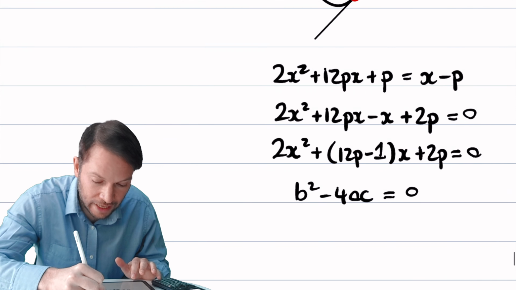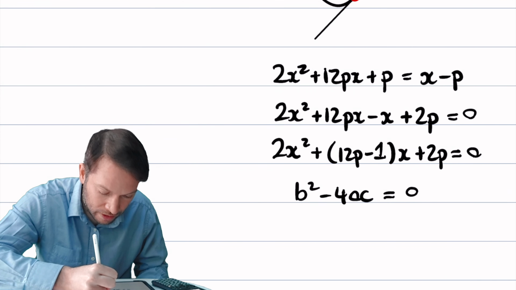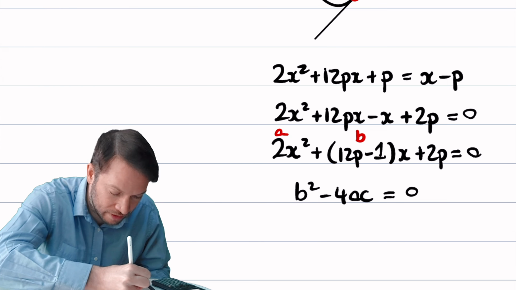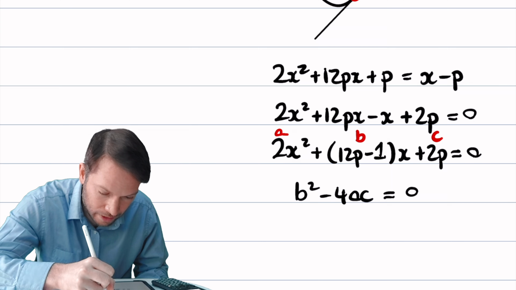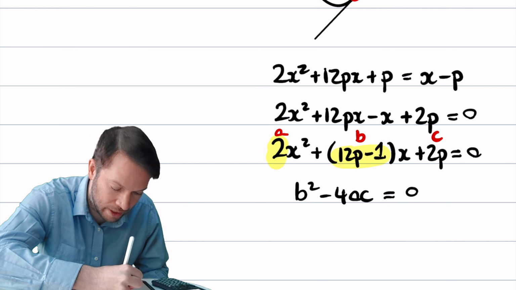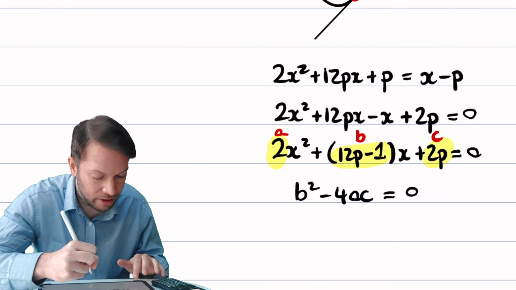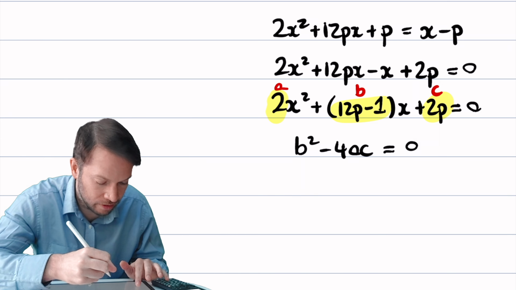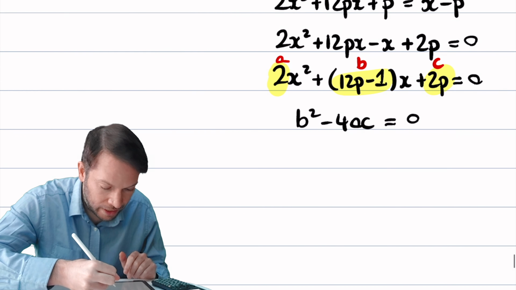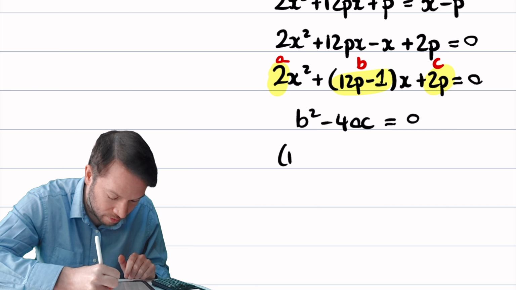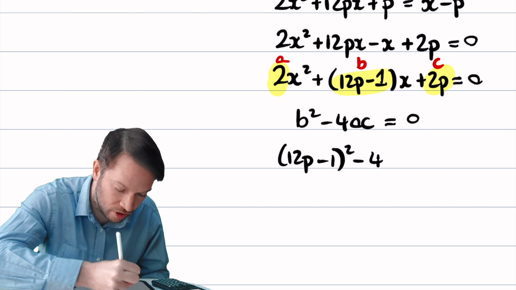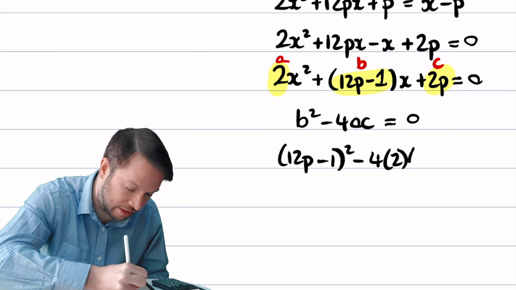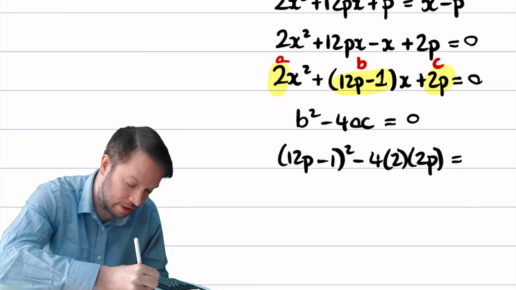So what is the a, what's the b, what's the c here? Well, this is the a, this is the b, this is the c. Okay, let's substitute that into our equation. b is 12p minus 1, so that's squared, minus 4 times a times c equals 0.